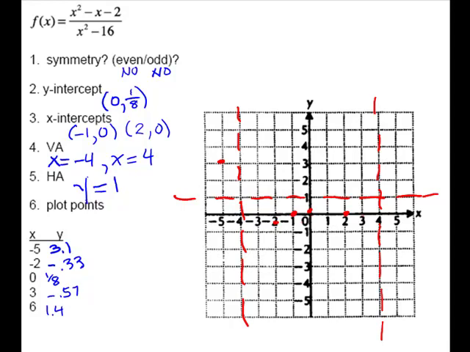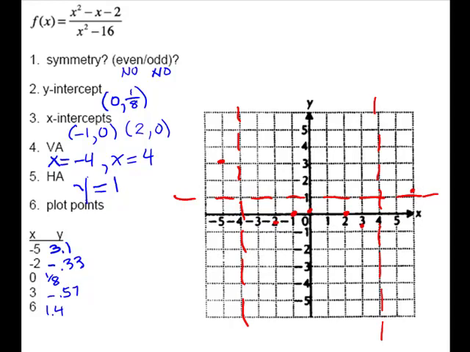3 and -0.57. So a little bit more negative than a half. So it's about right there. And 6, 1.4. So there's 1, so not quite a half. So that one is going to be up in this region.